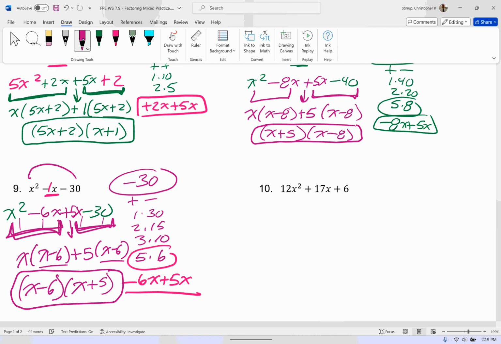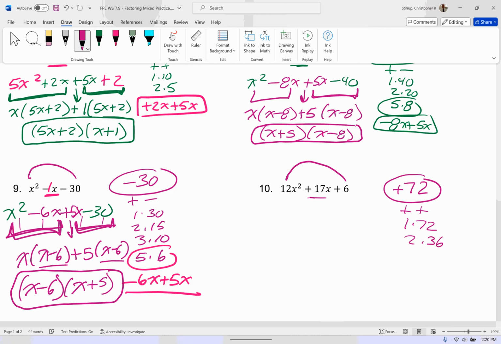All right, number 10, last one I'm doing for today. Fast way or old way? Old way. Multiply those together. 6 times 12, I believe, is 72. Agree? And it's positive. Are both signs positive or negative? Both positive. So I'm trying to figure out what's going to add up to that. Nope.